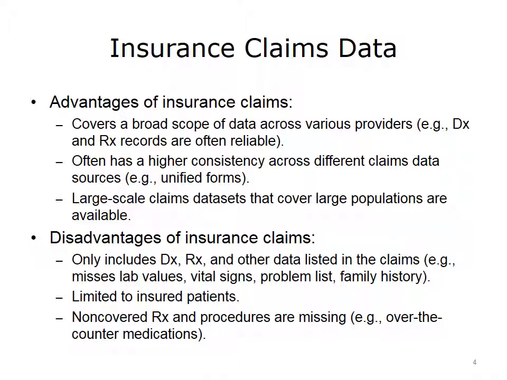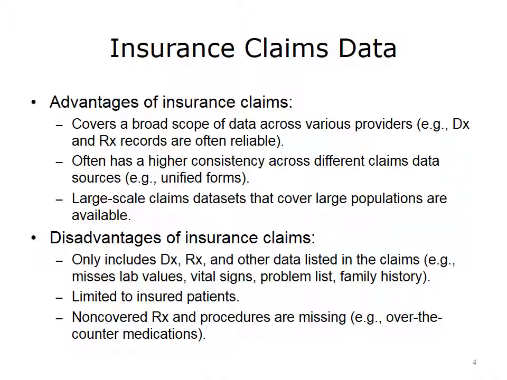Insurance claims data have inherent advantages and disadvantages when used for population health analytics. The advantages of claims data include that insurance claims usually cover a broad scope of data across various healthcare providers. This will give population health analysts a more complete picture of insured events that have occurred to a patient across various entities in the larger healthcare ecosystem.